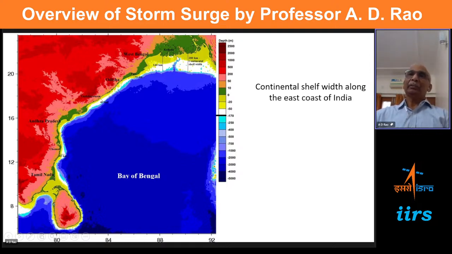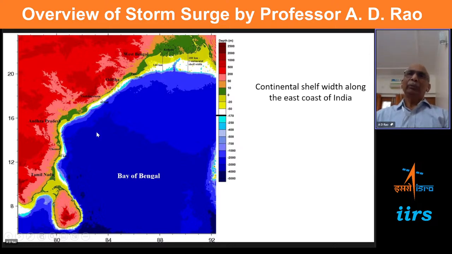The tides here are very large compared to this side. Similarly, tsunamis, and tide is also a long wave. Tsunamis are also long waves. Therefore, all long waves generally increase their amplitude when they reach longer shelf widths. That's very, very important to understand.